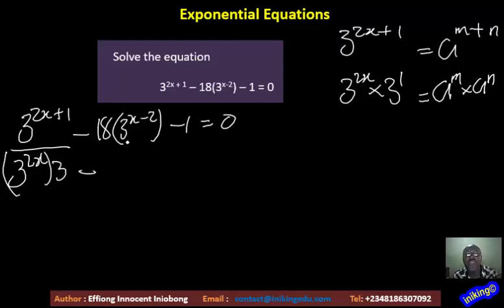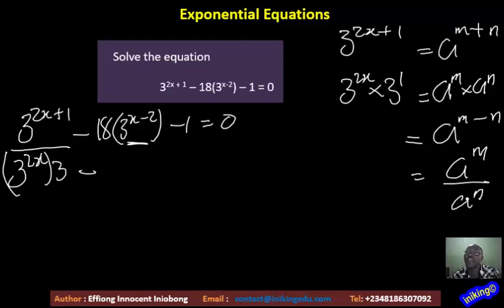Minus, now here I have 3 raised to the power x minus 2. How do I reduce this? I remember that if I have a raised to the power m minus n, it must have come from a raised to the power m divided by a raised to the power n.